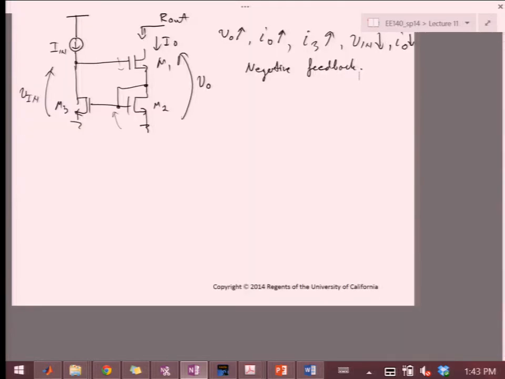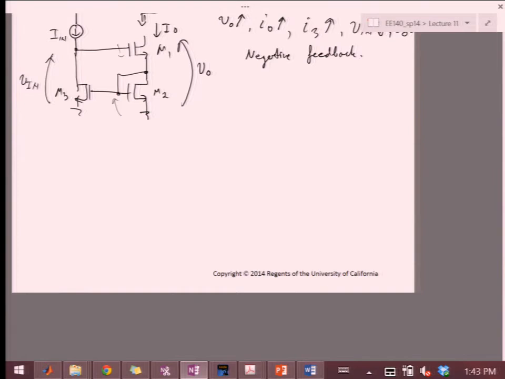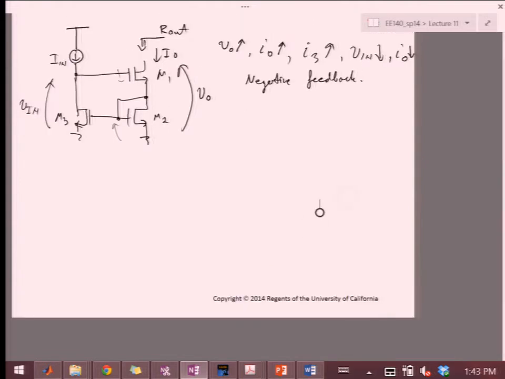So let's take a look at the small signal circuit, and you'll be able to calculate actually what is the output impedance. So if we start from M1, we have GM1 times VGS1.